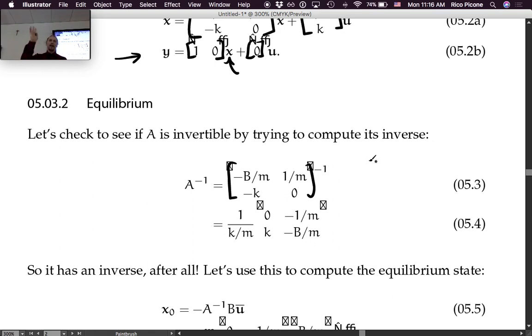We are going to also look at the equilibrium, right? That was one of the questions that was asked, is what's the equilibrium state when you have a velocity source input of 1 meter per second, constant. So that lecture, I believe it was lecture 5.1, says that there is one equilibrium state if the A matrix is invertible.